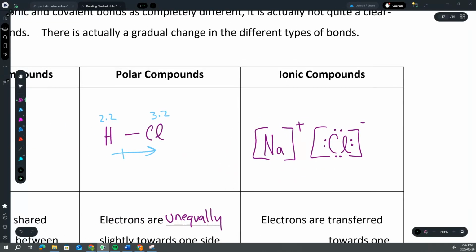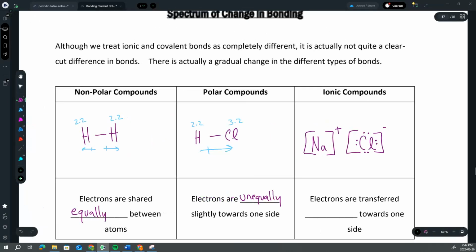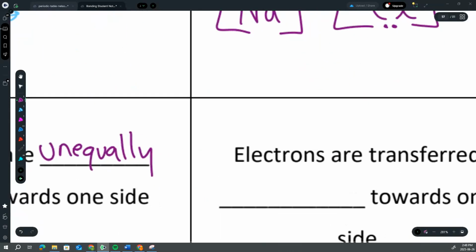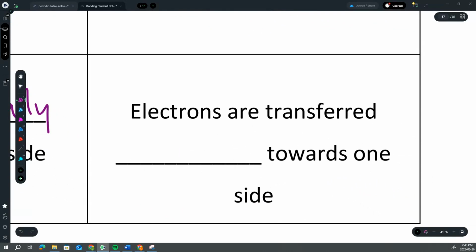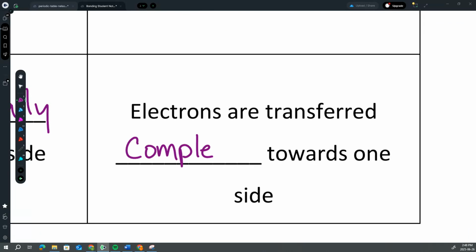Okay, but talking about the Lewis dot diagrams of ions, don't worry too much about that. That's just me being extra. So in ionic compounds, the electrons are going to be transferred completely from the metal to the nonmetal.